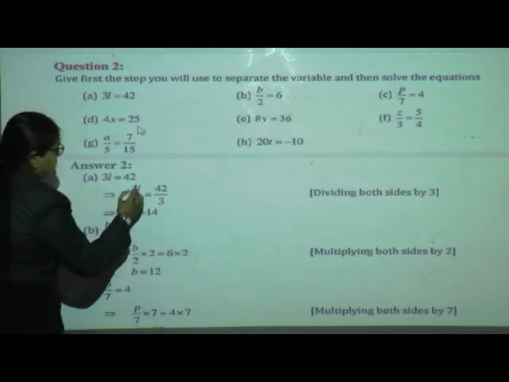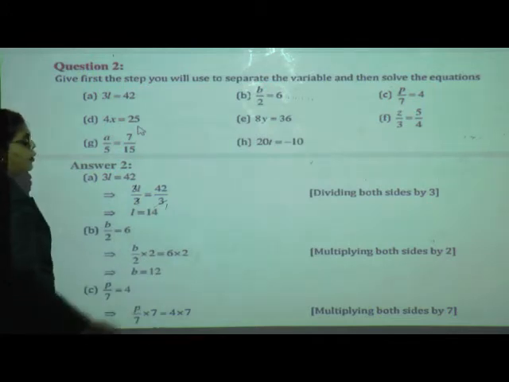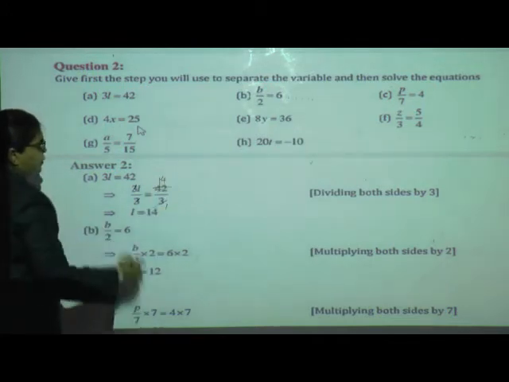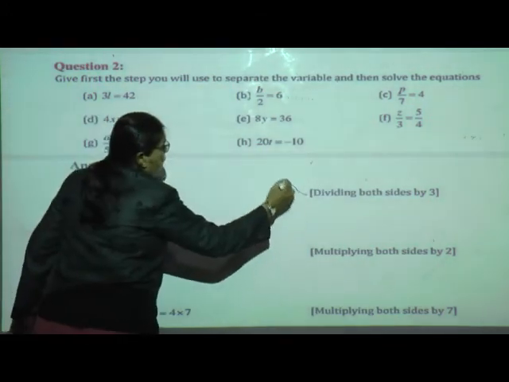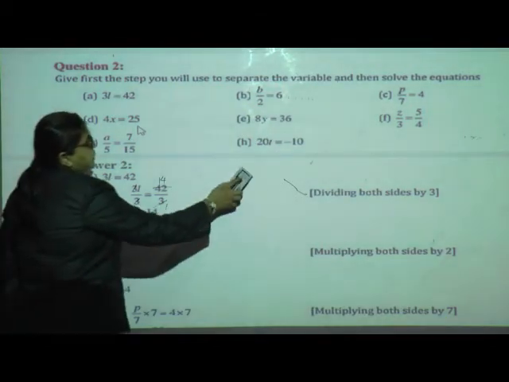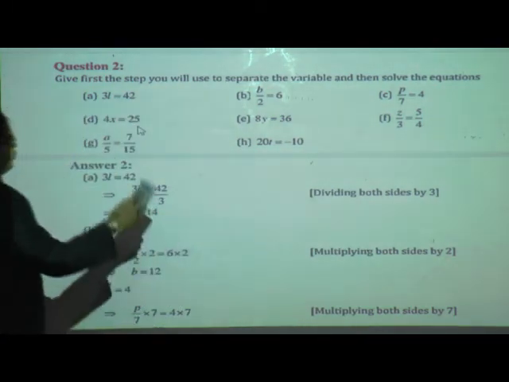Here 3 gets cancelled, L is left. You know the table, 14 3s are 42. So L is equal to 14. Every time you have to write this, dividing both sides by 3 or any other number, or if you multiply, you have to compulsorily write it in a bracket on the right hand side of your page.